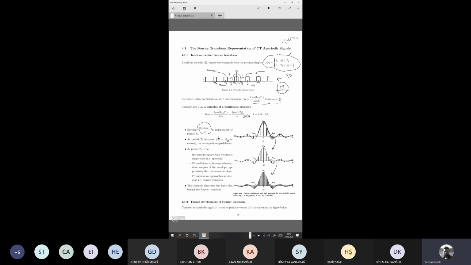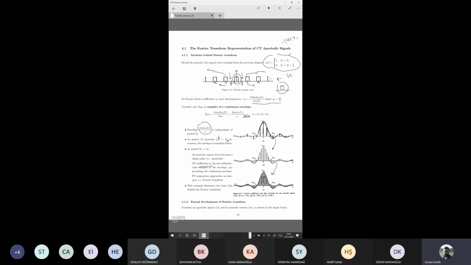In other words, my periodic waveform is now a single pulse. The Fourier series coefficients a_k become infinitely close samples of the envelope. So I have denser samples of this envelope, and in the limit I have a continuous waveform. The a_k coefficients have an infinitesimally small interval in between, so the envelope is now a continuous signal.